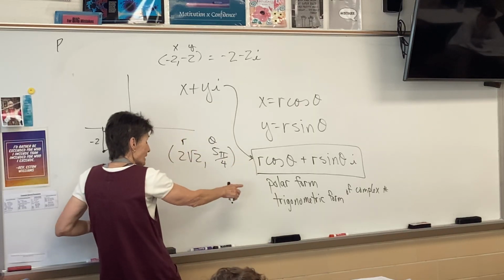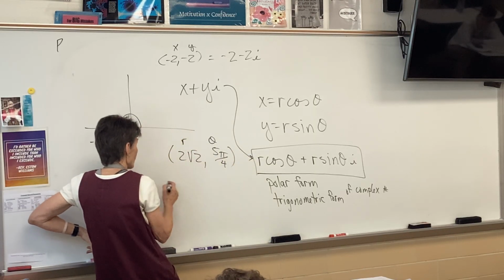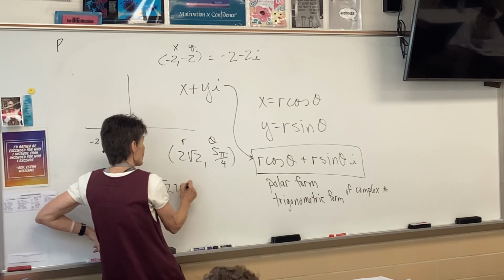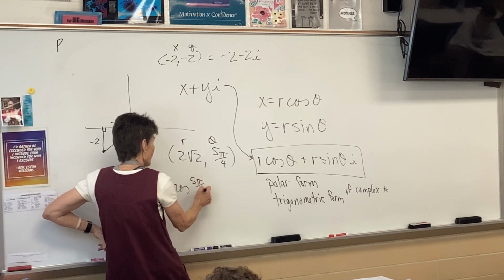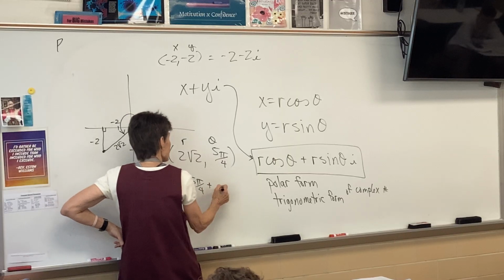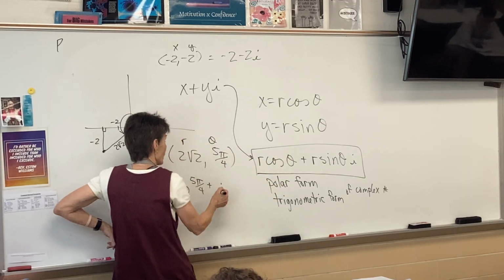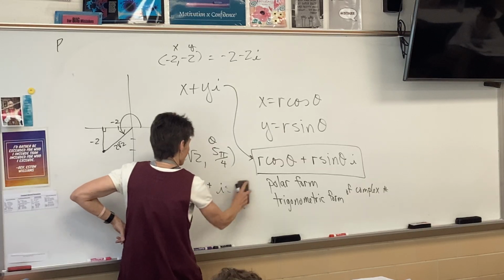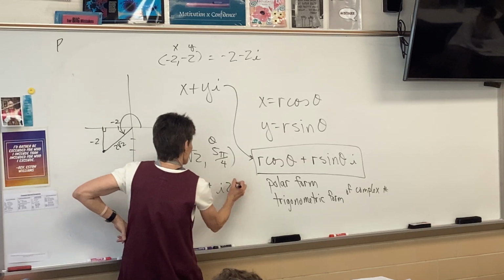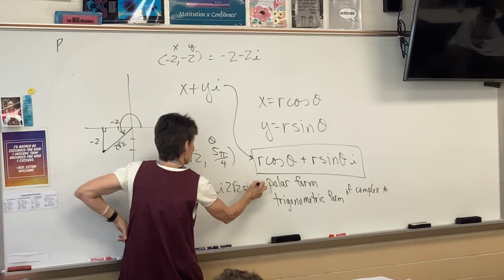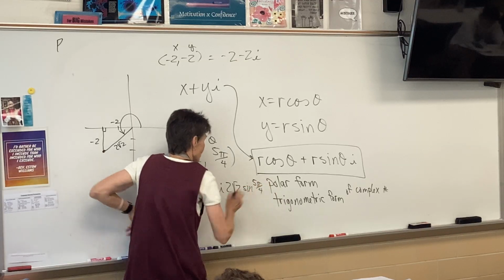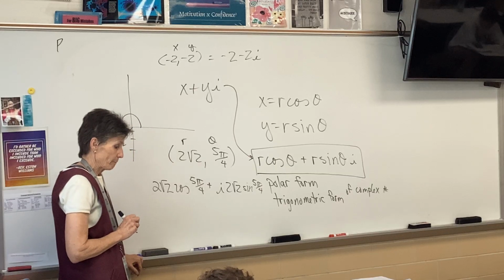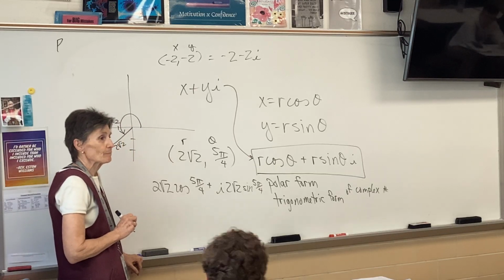So your complex number in polar form would be 2√2 cosine 5 pi over 4 plus, normally we move the i to the front, so i 2√2 sine 5 pi over 4.